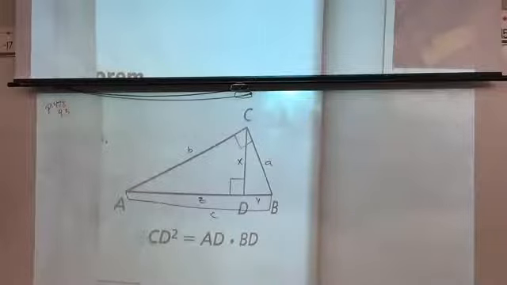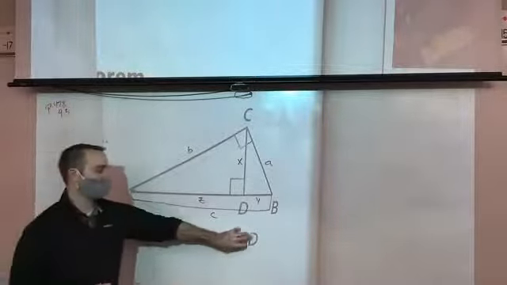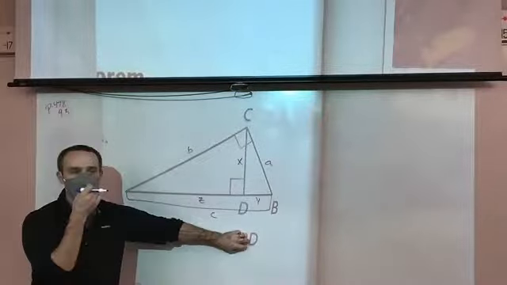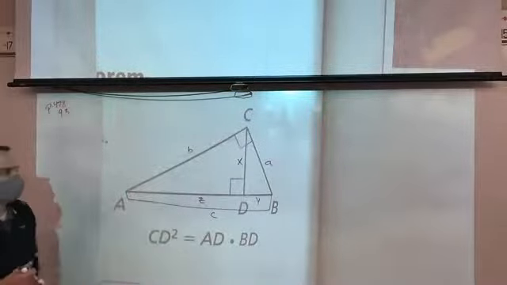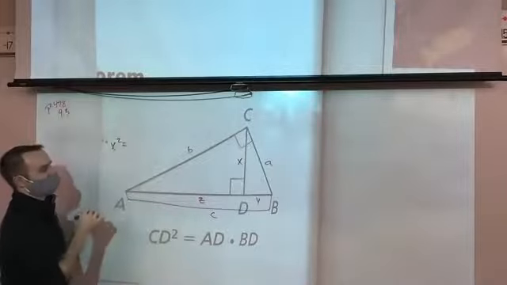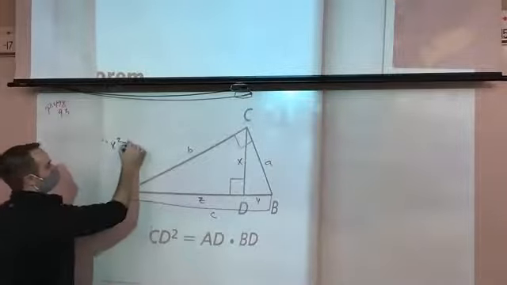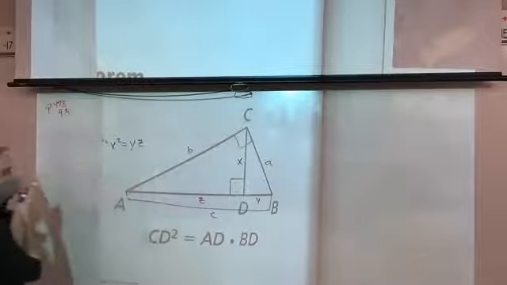And I'm going to give you three equations here. I'll kind of explain what they are, and then we're going to apply them to these situations. It's basically the same thing that they're saying down here, just using the letters instead of the names. One equation deals with the altitude. This is going to be the altitude squared is equal to y times z.